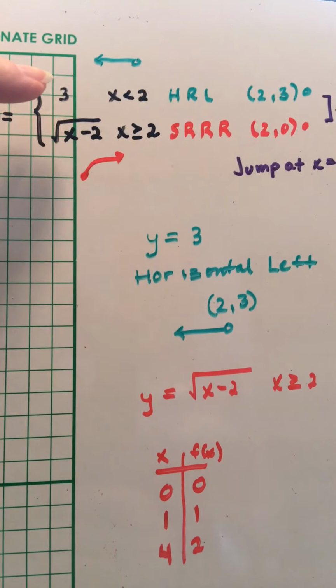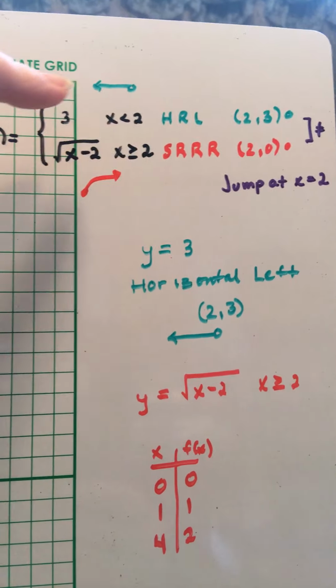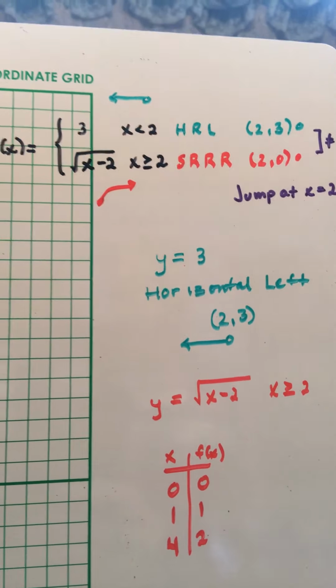But first, know that the left side is a horizontal ray going left. The right side is your standard square root, and it's going right. So I've got a square root ray right. Oh, just look at all those R's. Isn't that beautiful? Notice these ordered pairs don't match, so we're back to the idea of a jump.